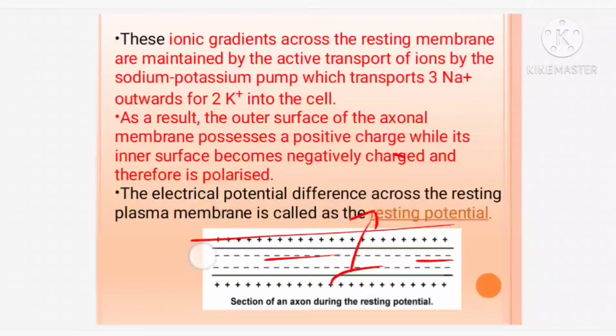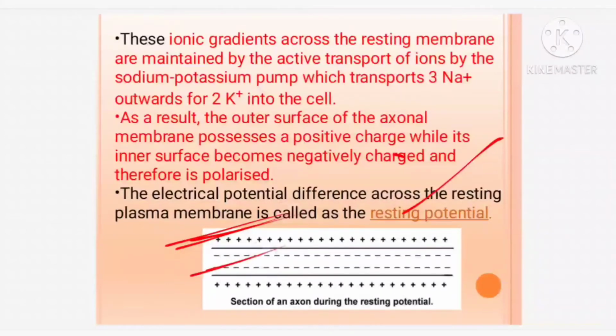So in the resting state, listen very carefully, in the resting potential, that is the polarized state, when there is no conduction, no impulse is transmitted, when the axon is resting, at that time outside it is positively charged and inside it is negatively charged. Who is playing a major role in bringing this about? That is the permeability and the sodium potassium pump.